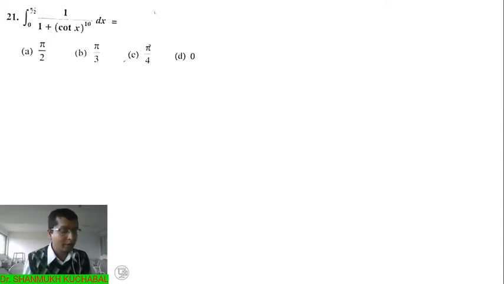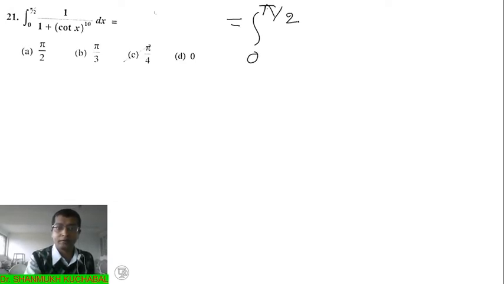Example number 21. Integration from 0 to pi by 2 of 1 divided by cot x raised to 10. If you get cot x or tan x, then we have to write it in simple functions sin and cos. So here the simplification is, limit 0 to pi by 2, the numerator 1 divided by 1 plus cot can be written as cos divided by sin.